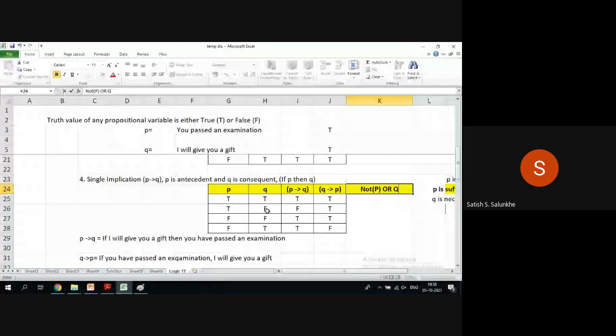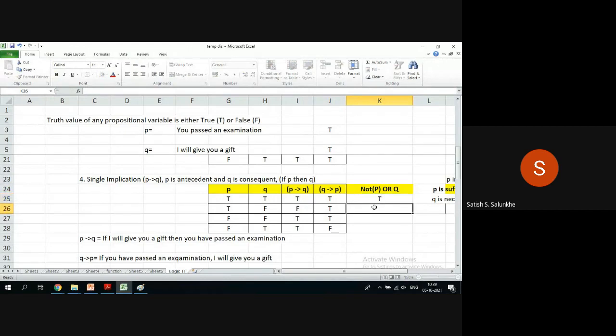If you take not of P, that is F F T T, or Q, F or T is true. Now not of P, that is T or F is true, not of F that is true, true or true is true. So you just compare this column with this column.